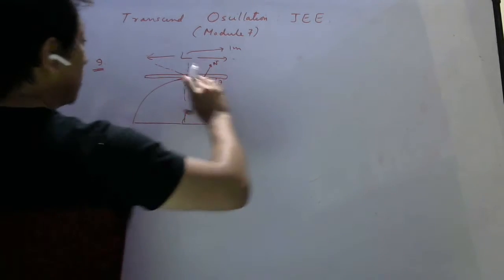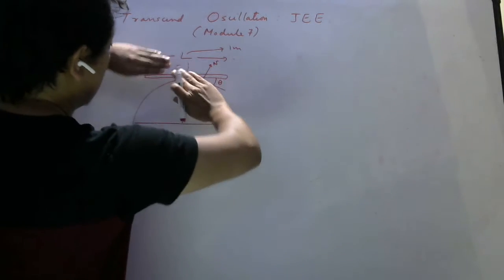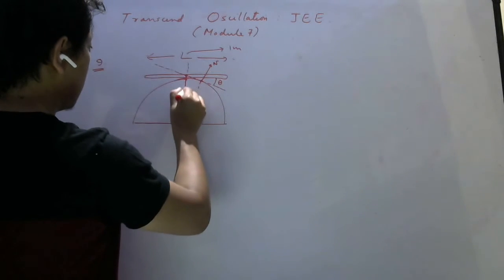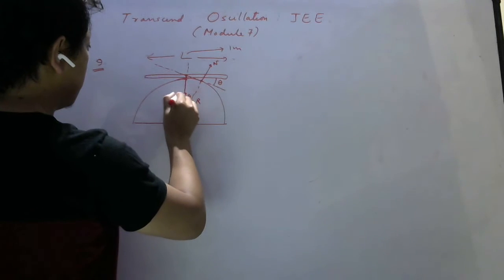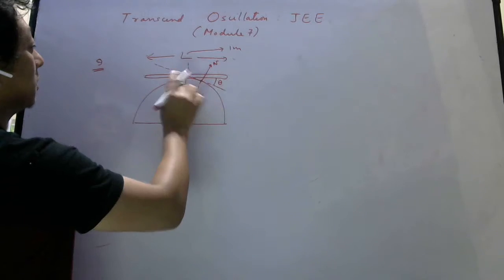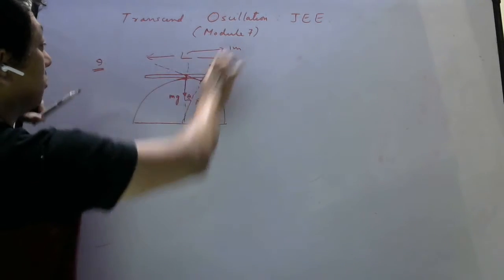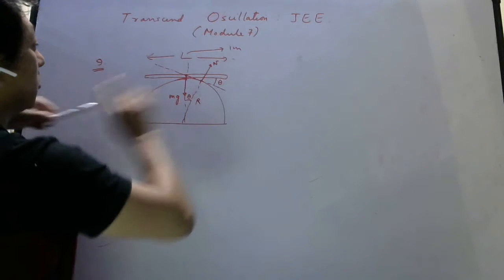So when the rod reaches here, this is the center of mass, right? So mg will act this way, mg on the scale. About this point, this mg will create a torque this way. Normal force will not, because it is passing through that point itself.